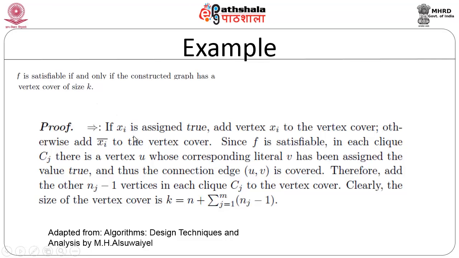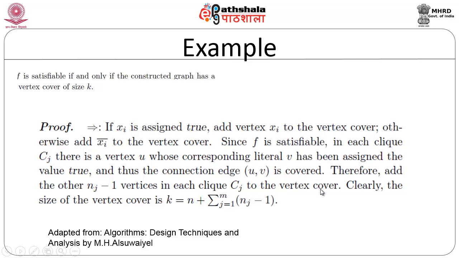The argument is like this: if xi is assigned true, then we add it to the cover; otherwise, we add xi bar to the vertex cover. If f is satisfiable, then each clause has a vertex whose corresponding literal is assigned the value of true, so the edge (u, v) is covered. Therefore, the other nj minus 1 vertices of each clique are added to the vertex cover.